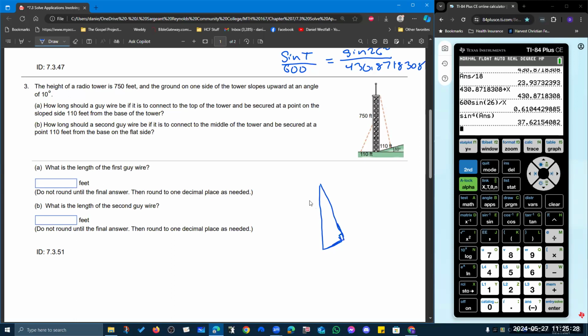Let's not assume that that's perpendicular. I think it is, but let's not assume that it is. So this angle here, since this is 10 degrees, this should be 80 degrees here, and this is 110 feet, and we want to know this side here.